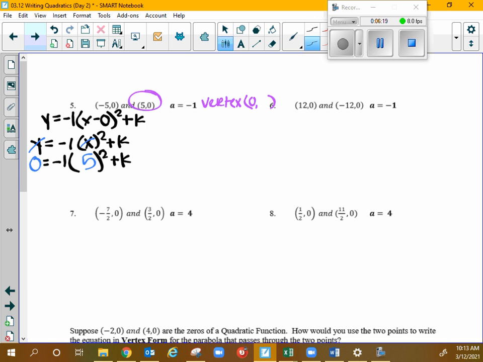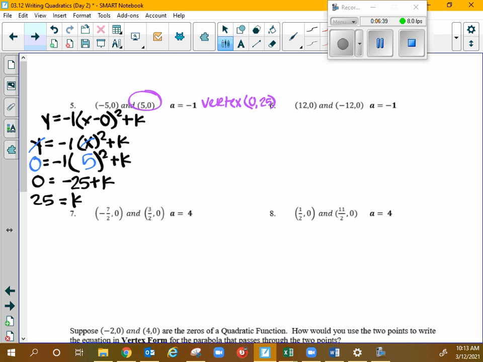Squared, 25 times negative 1. Negative 25 plus k equals 0. So let's add 25, so k is 25. So now I know my vertex is at 0, 25.